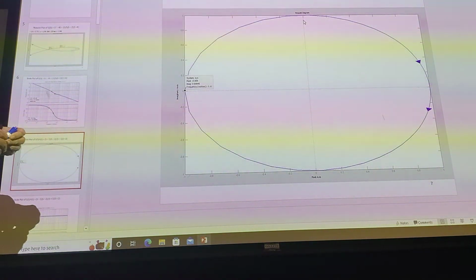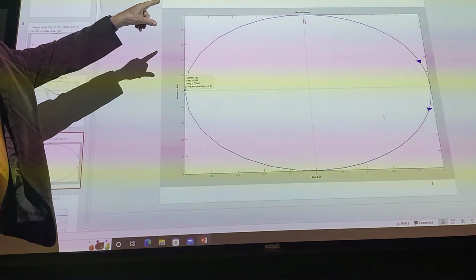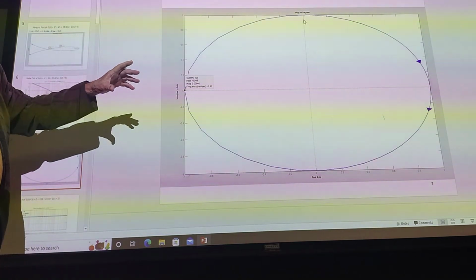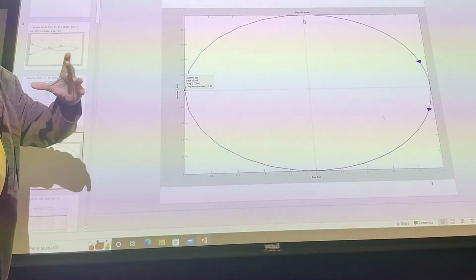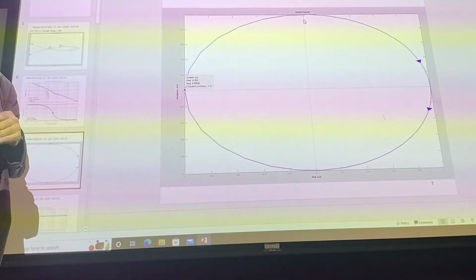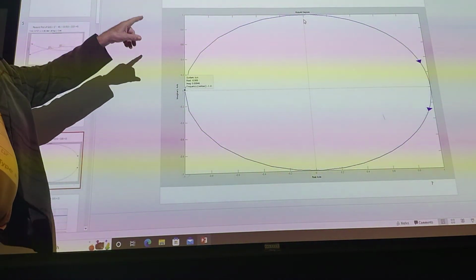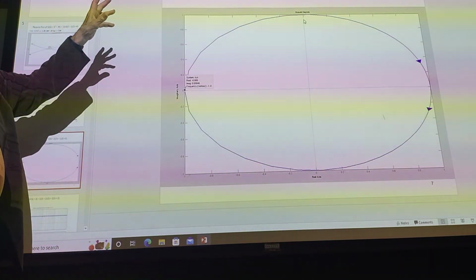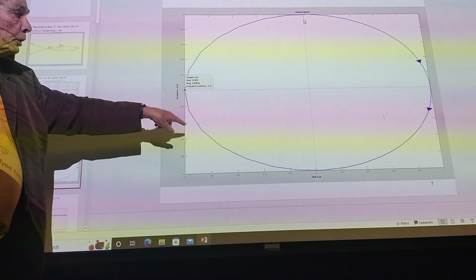If we take a gain smaller than 1 there, the curve will contract, and then the system will be stable. In the case of K equals 1, we have this situation here.